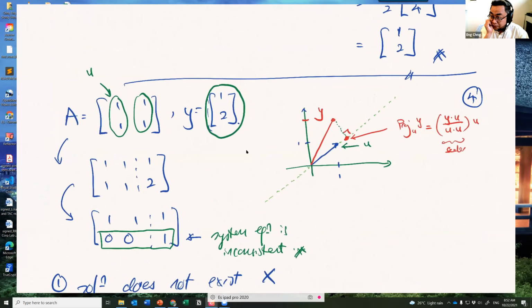Right. Now the interpretation is clear why there is no solution in the linear algebra world.